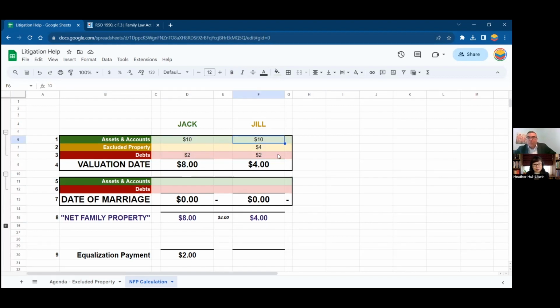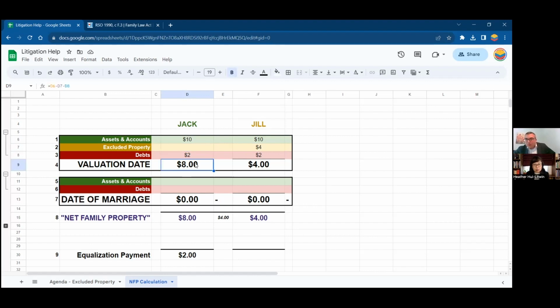They both were worth $10. That's reflected on the financial statement in your property, vehicles, bank accounts, business interests, etc. But they're the same. Then you go down to the red, which is the debts, and they're the same there too. So Jack has $10 of assets and $2 of debts, and so Jack's net worth is 8.